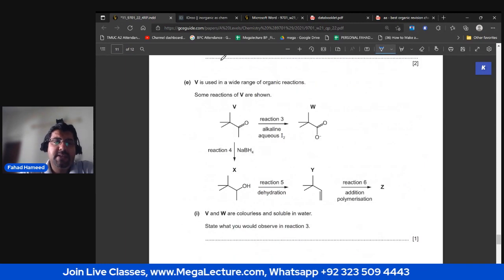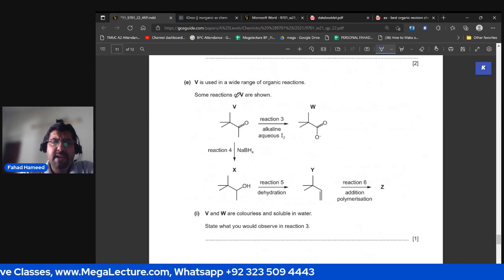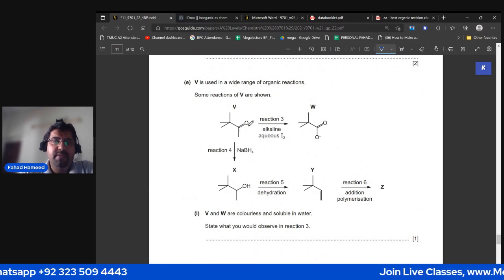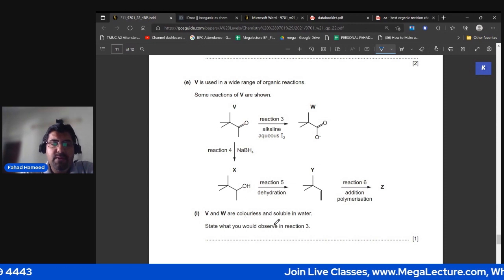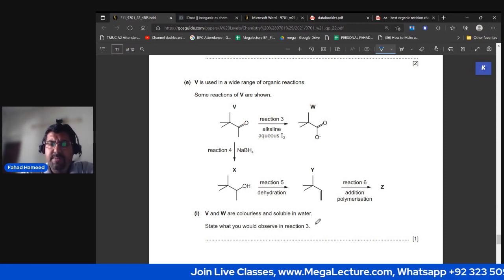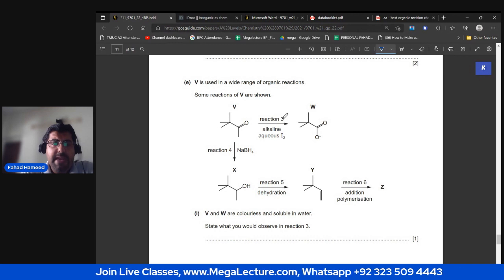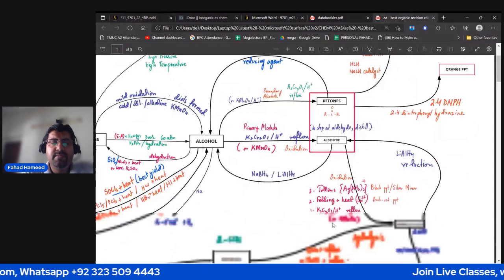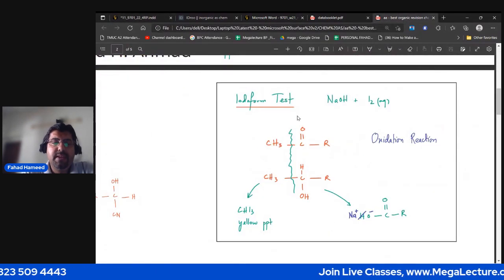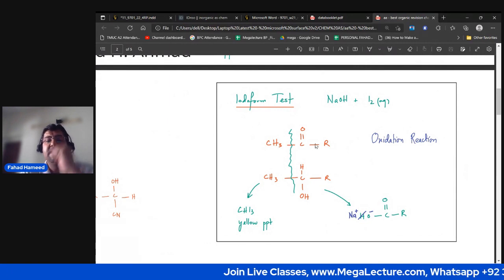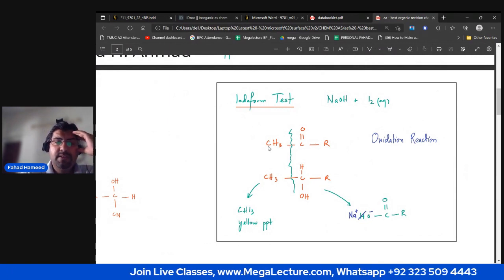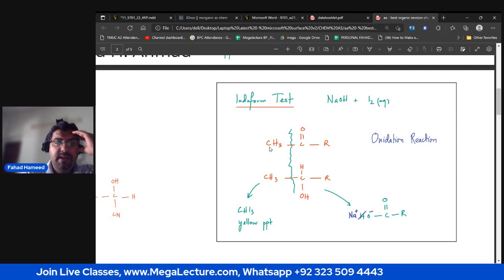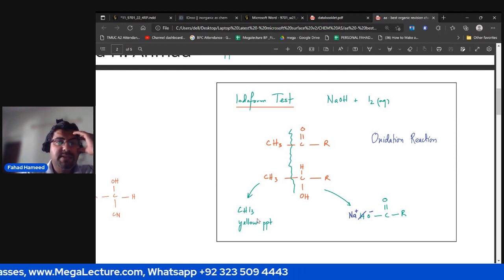Now the next part: V is used in a wide range of organic reactions. Some reactions of V are shown. What would you observe in reaction number 3? This one is alkaline aqueous iodine. That's an iodoform test. Whenever you have a CH3 right next to a C=O, the CH3 will break off and turn into a yellow precipitate of CHI3.